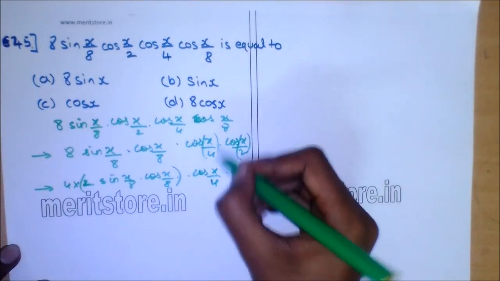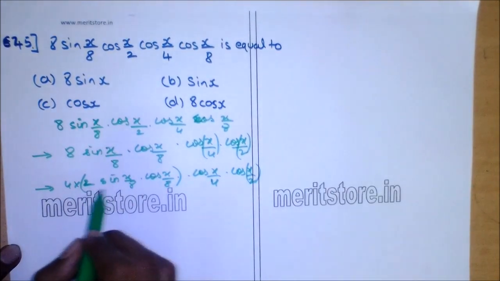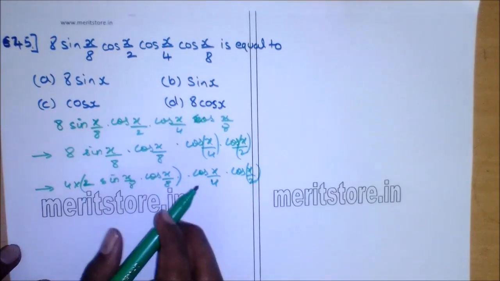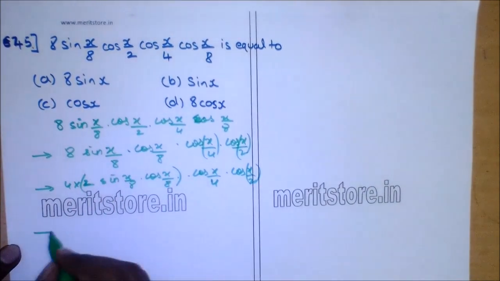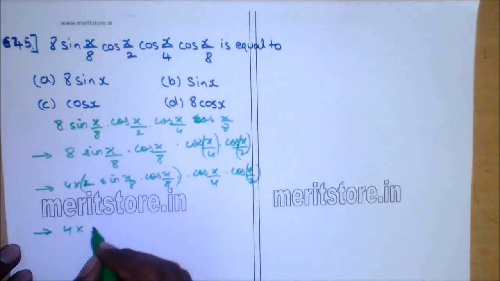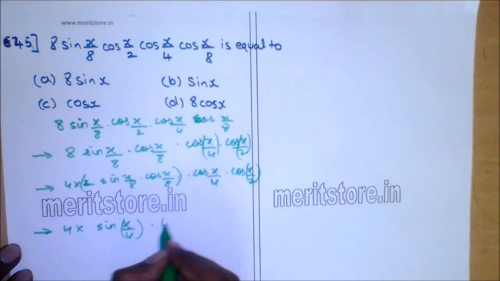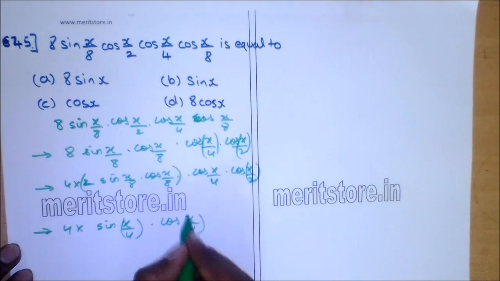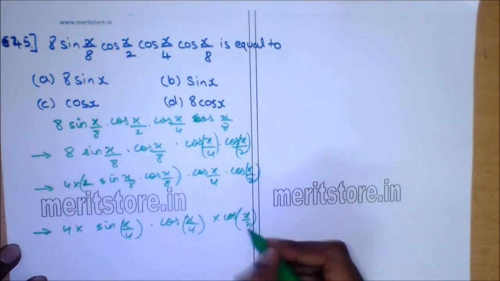x by 2. Now this is in the form of 2 sin theta cos theta, that is sine of 2 theta. So we can rewrite this as 4 into sine of x by 4 into cos of x by 4 into cos of x by 2.